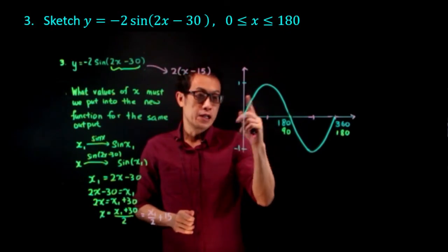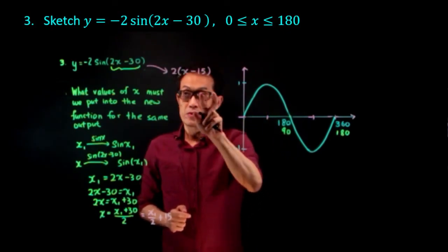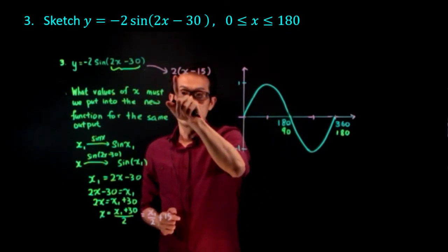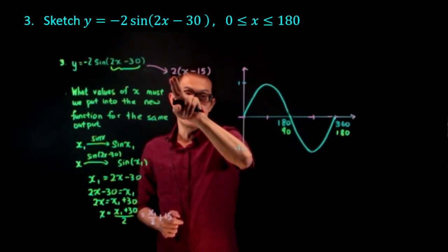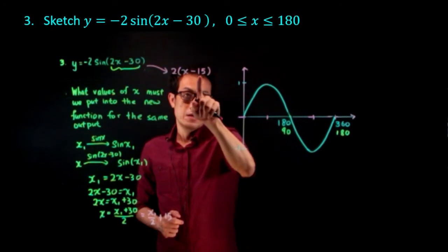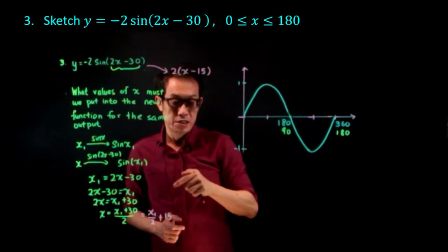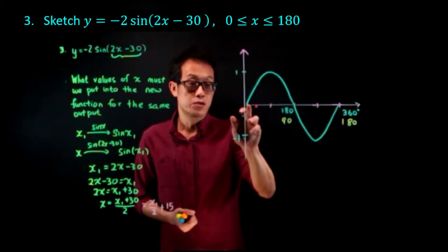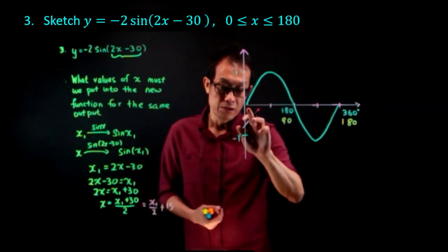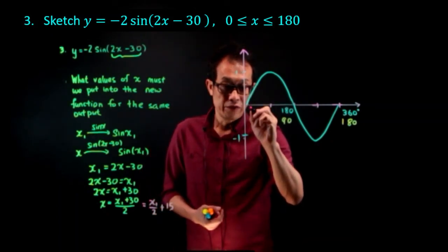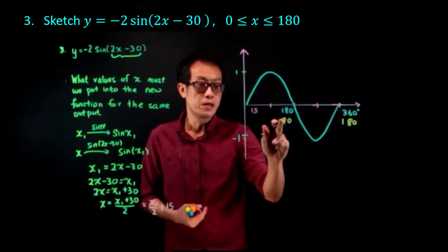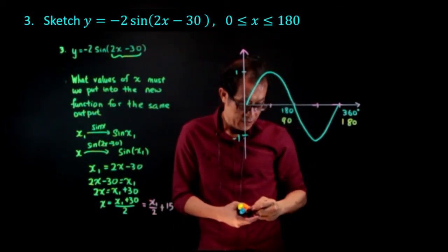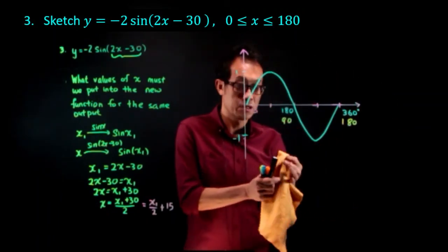So again, let me just summarize for you. So we just factorize the 2 out, and then we do the transformation of this, followed by the transformation of this. So this, instead of being 0, it is now 15. This will be 105. Let me erase this.